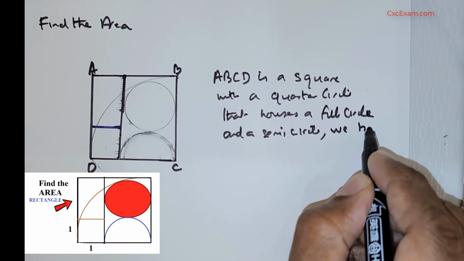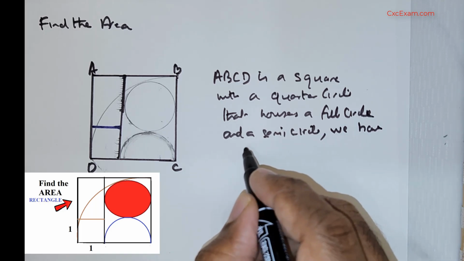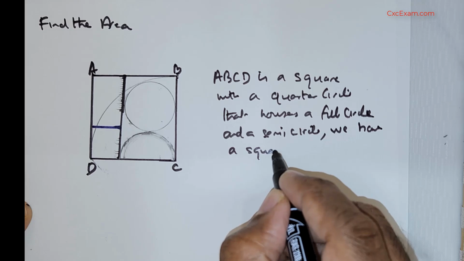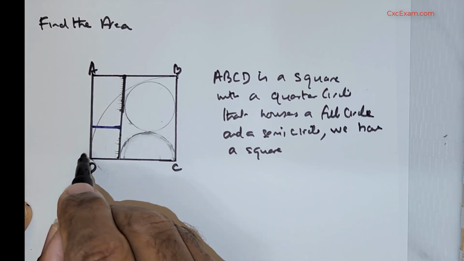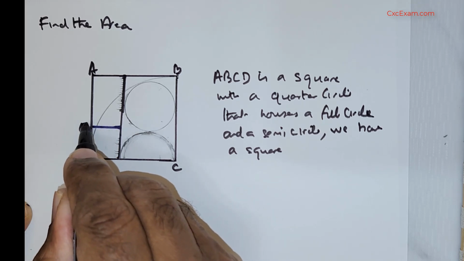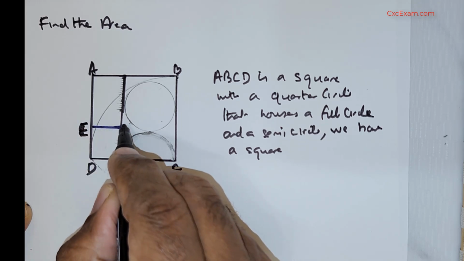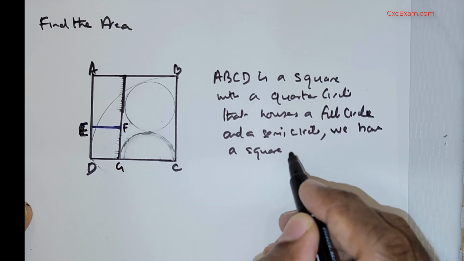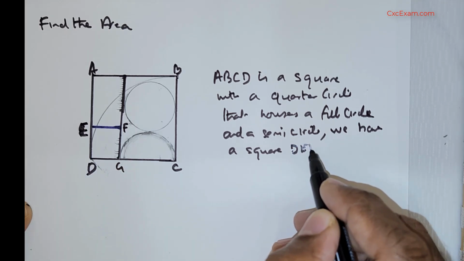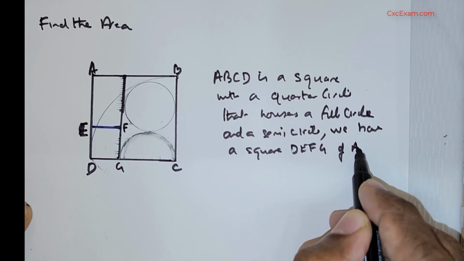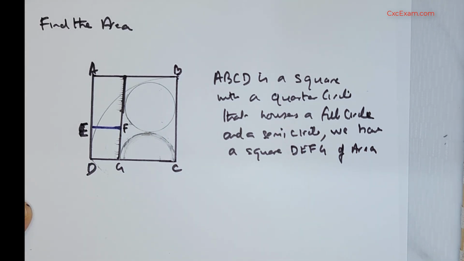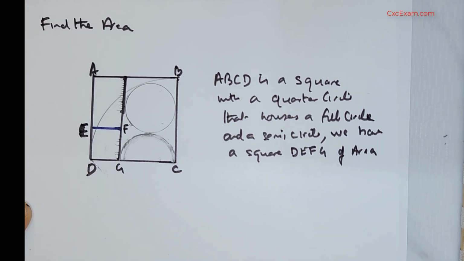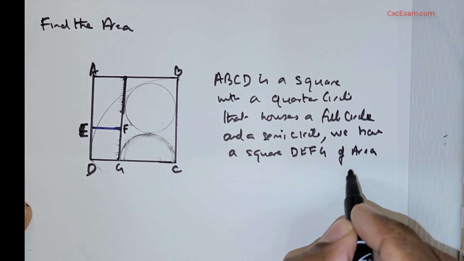We have a square, so I'm going to take this as a point E, F, G, D, E, F, G, of, instead of saying side, it does not matter.